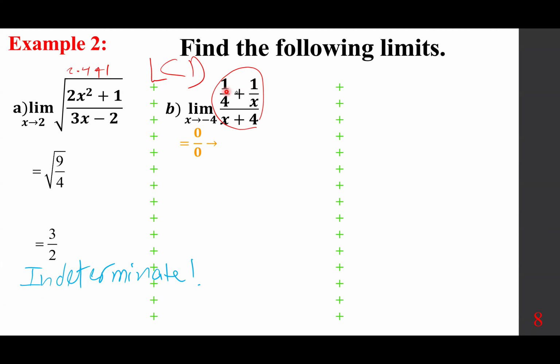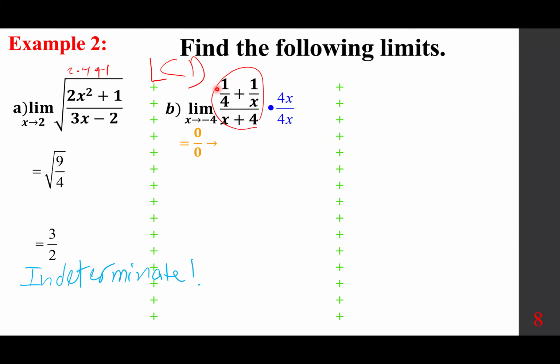There are two fractions at top. Their LCD is 4x. You're going to multiply by and divide by 4x. It's important to remember, x is approaching negative 4, making x plus 4 0. Therefore, you never ever distribute. Rather, you keep this as a product because you're hoping in the process you can get rid of the factor of x plus 4. So the bottom is the product of these two pieces.